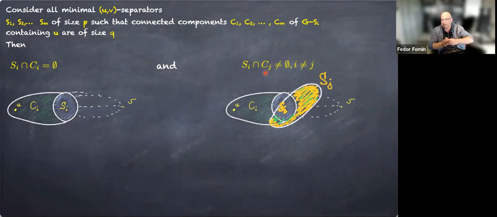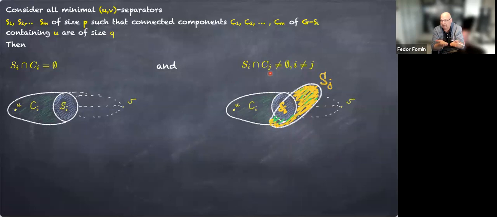But if I take any two of these components and take the neighborhood of these components, then this neighborhood would be different because these are different components. And every minimal separator is the neighborhood of such a component. So it means that for all indices i and j which are not equal, the intersection of the separator and the component is non-empty.